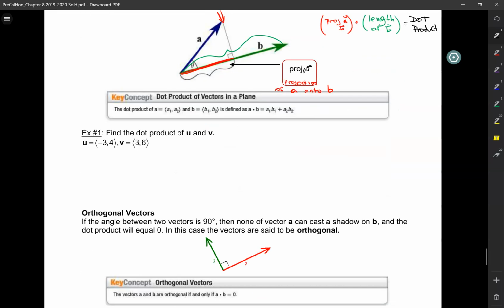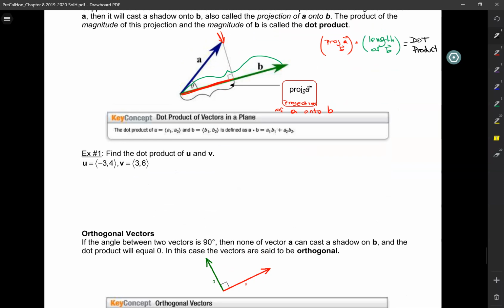To find a dot product, and by the way, a dot product is written as A dot B, like this, and it's pronounced A dot B. We can write a vector in component form, A1 and A2, and we can write the second vector in component form, B1 and B2.